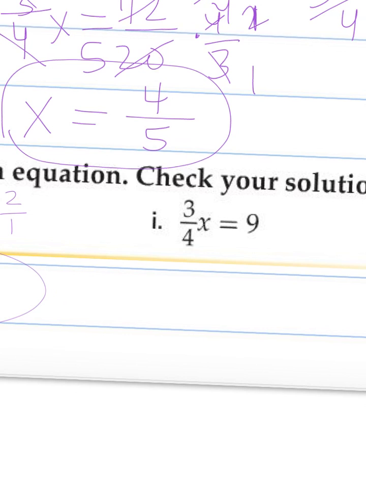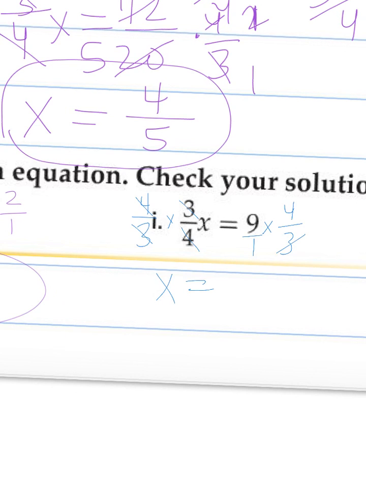3/4 x equals 9. We are multiplying x by 3/4. So in order to get the variable by itself, we are going to multiply each side by the multiplicative inverse, that fraction flipped. Again, those all cancel, so we're left with x. For whole numbers, we can put over 1.